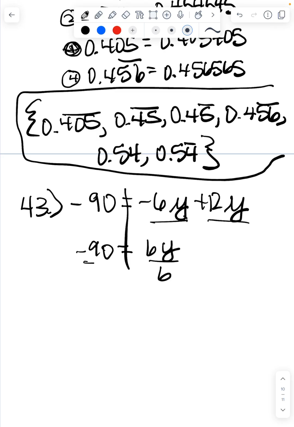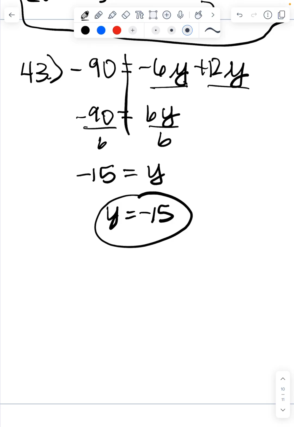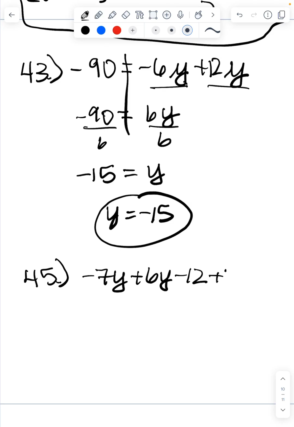And then we divide both sides by 6. So that gets me negative 15 equals y. We usually write the y first, so I'm just going to rewrite it. Y equals negative 15.